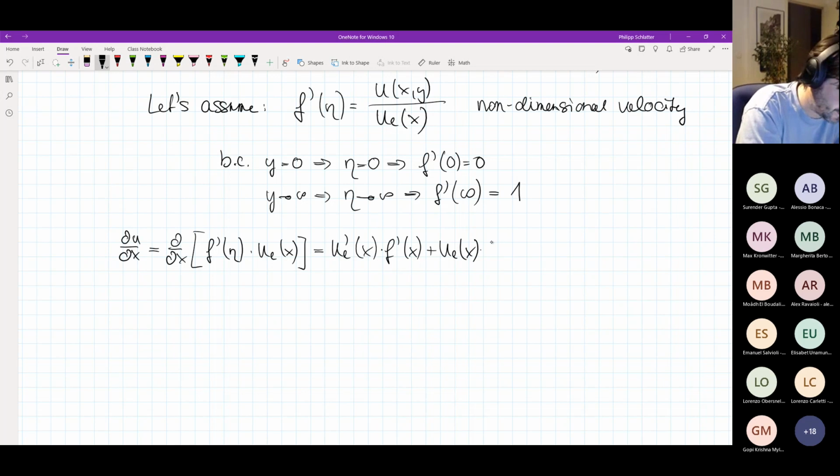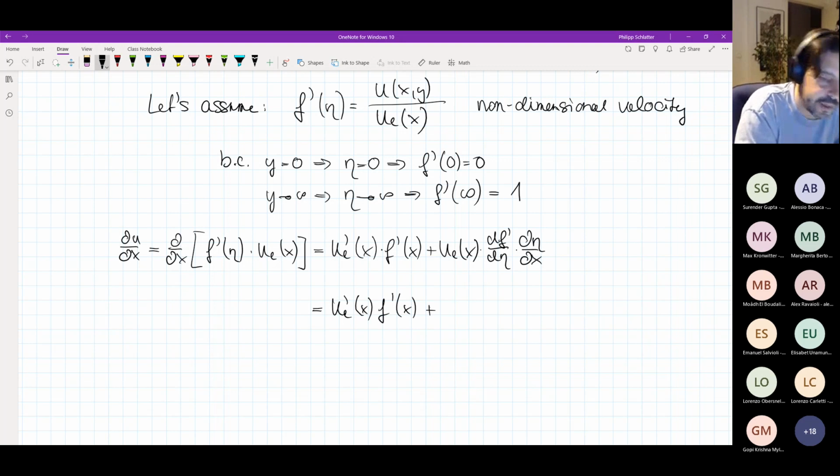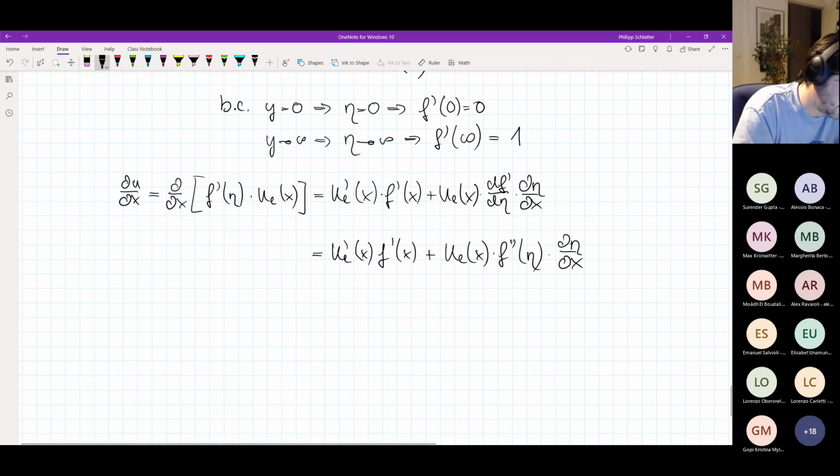So that becomes df prime d eta times d eta dx. I continue here. ue prime of x times f prime of x. There's not much I can do here, but here I can simplify that a little bit. This becomes ue of x times f double prime of eta times d eta dx. So this is what I can do with the derivative in x.